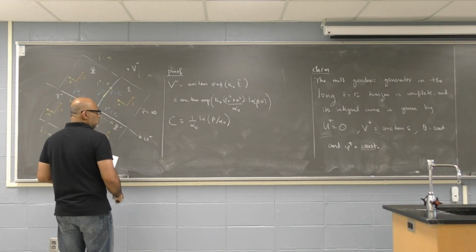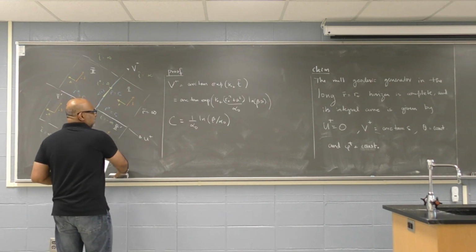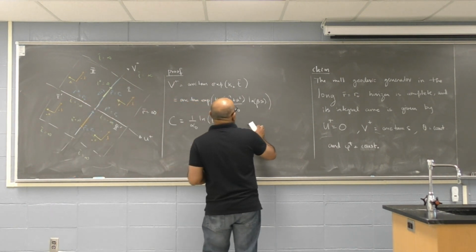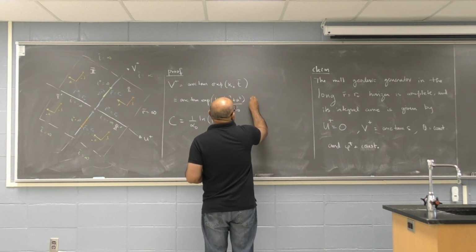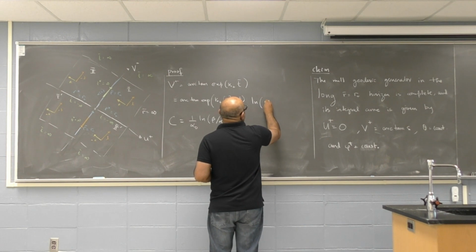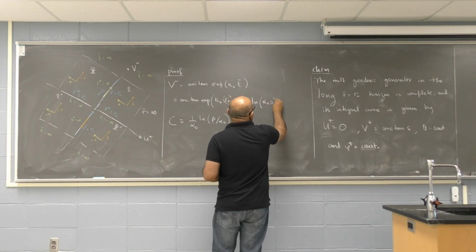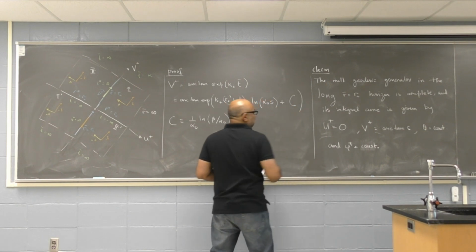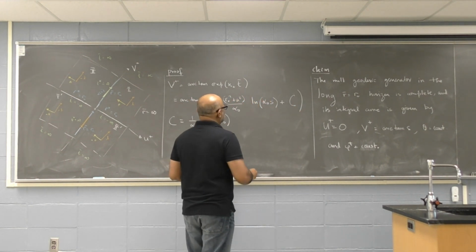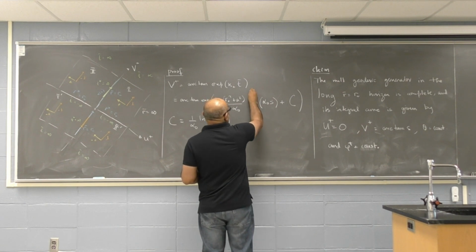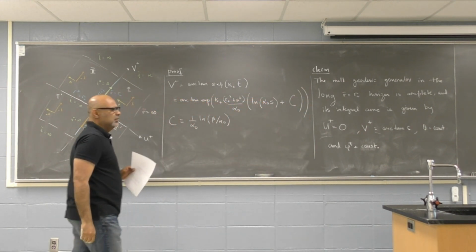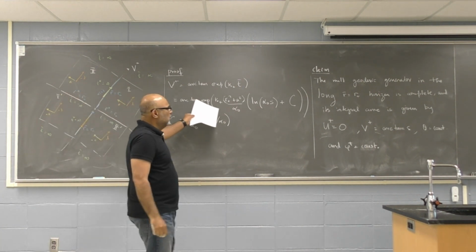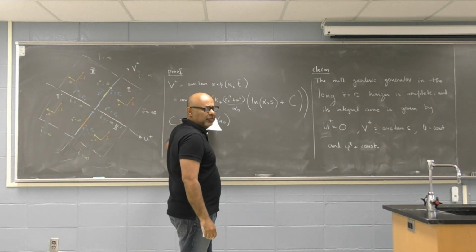So let me do it this way. Natural log of alpha 0 S plus a constant. Correct? That's what it was. Are we good there? This is just a direct plug-in from before.